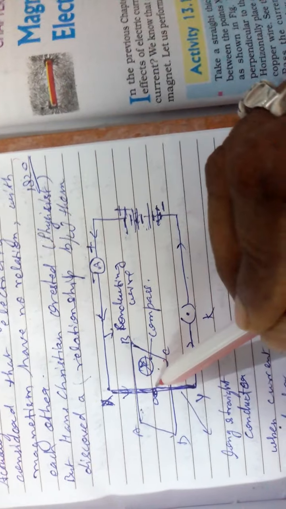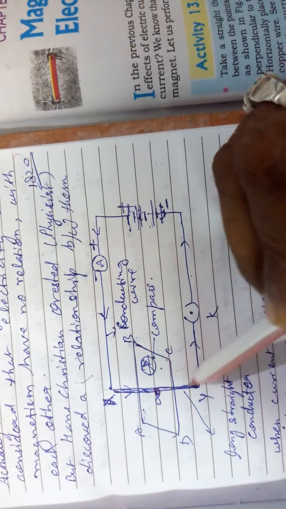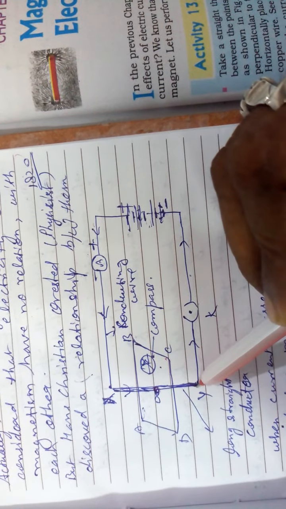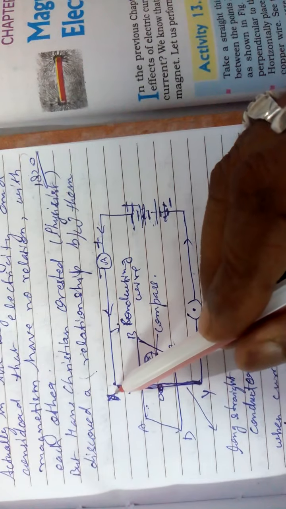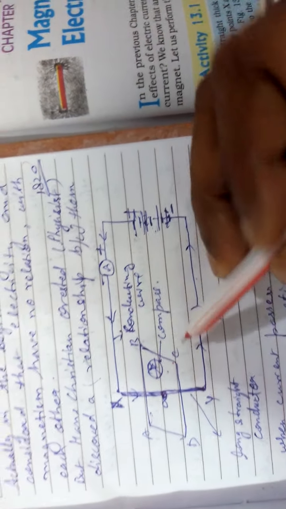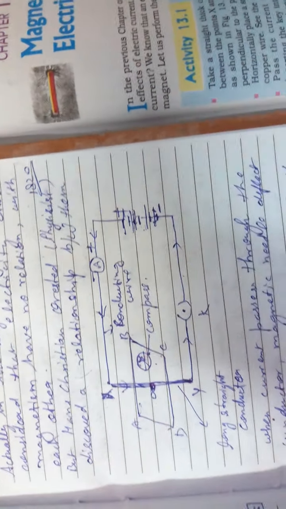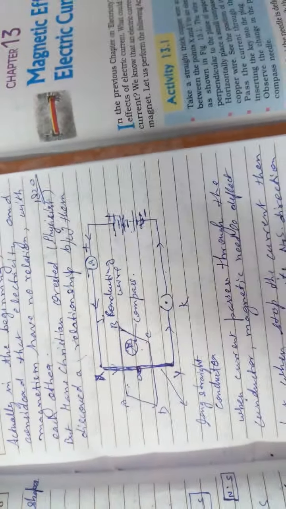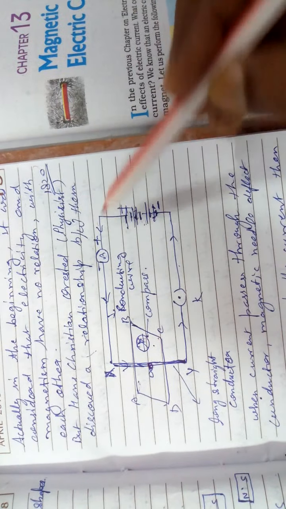On this hardboard, put a hole there. In this hole, the wire goes straight inside, and then here one is the X pole and one is the Y pole, and nearby showing one compass which has a north and south direction. Put the compass parallel to this and then join the connection.